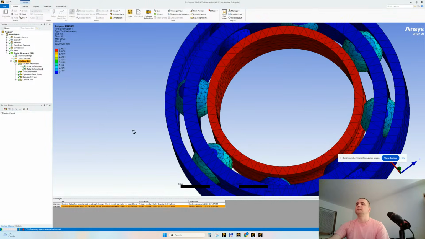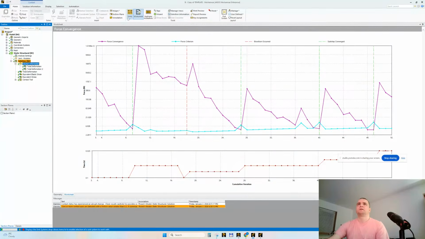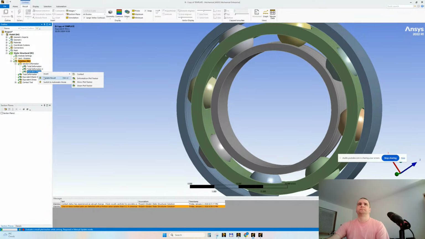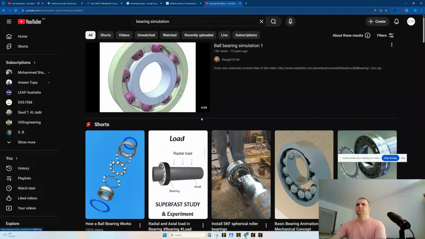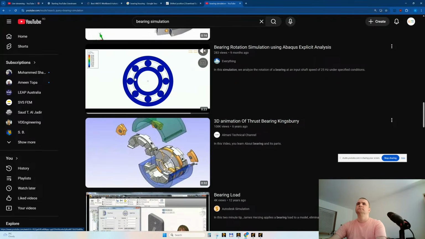Oh, we have something. We begin to have something, yes. Big gap, big allowance, there are vibrations, yes. It's also explicit, yes.